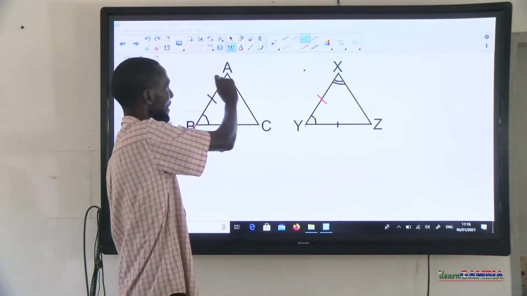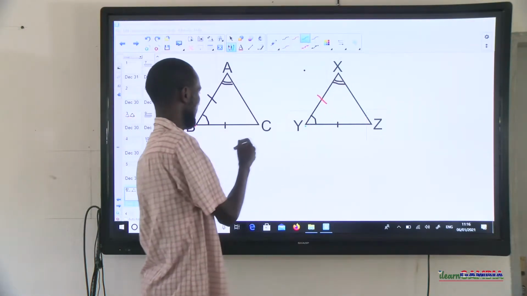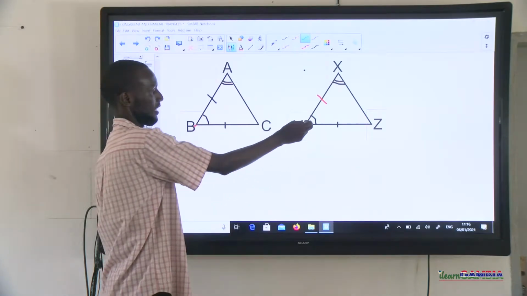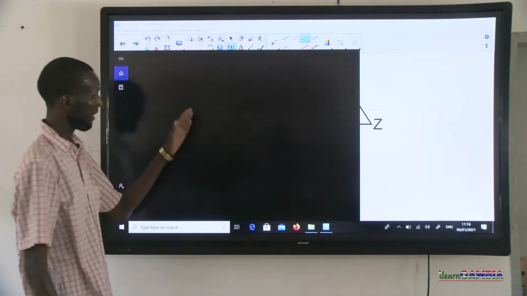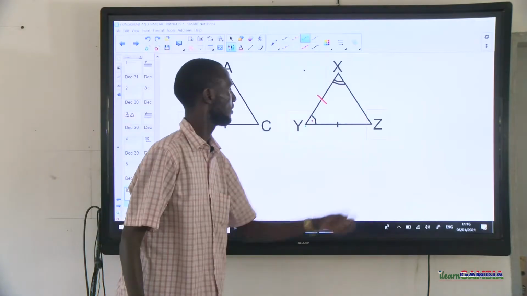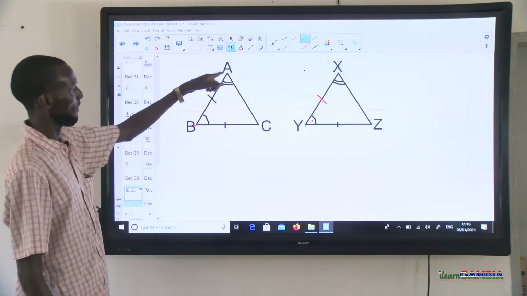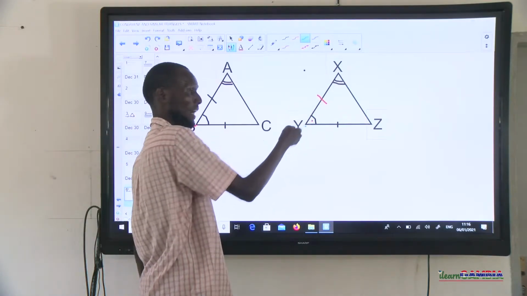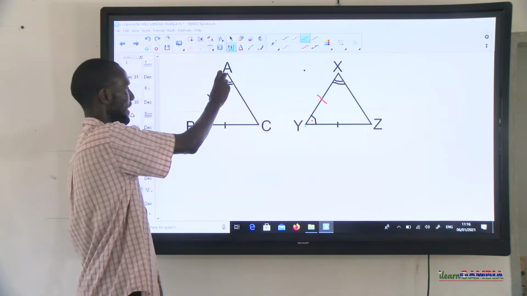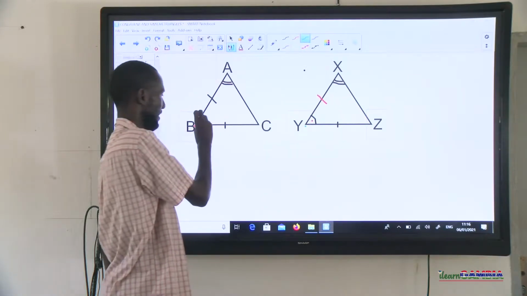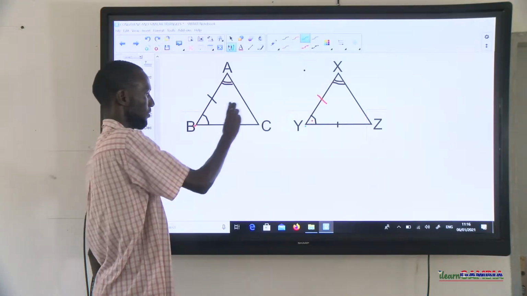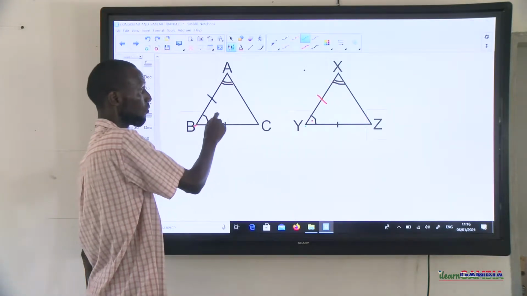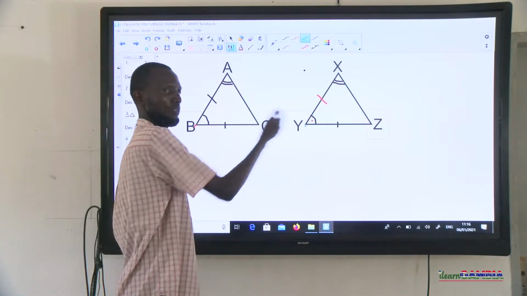Angle A is equal to angle X, and angle B is equal to angle Y. So based on the fact that side AB is equal to side XY, the angle at A is equal to the angle at X, and the angle at B is equal to the angle at Y, we can conclude that these two triangles are congruent.